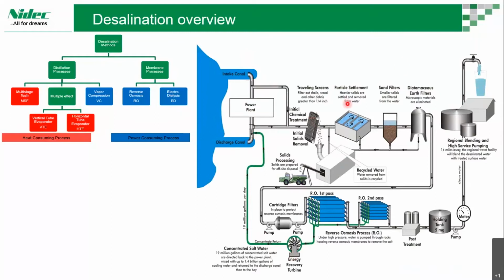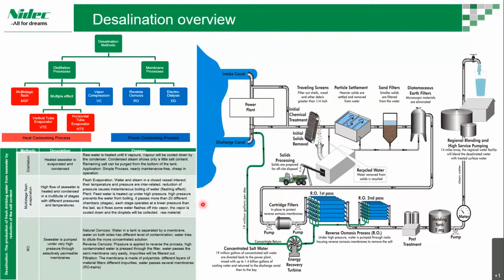This is a pictorial diagram of how desalination looks. Seawater is taken in, pumped, and goes into initial solid removal. Again we go with particle settlement, and we have a description of this process in detail. For distillation, heated seawater is evaporated and condensed.